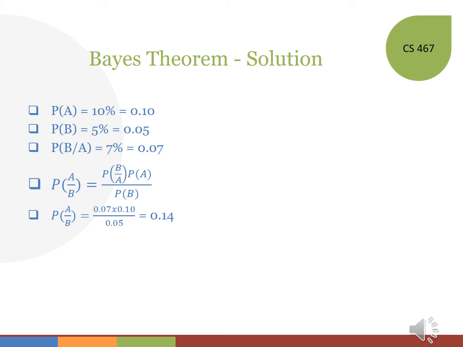Then we can calculate probability of A given B, that is, given that a patient is alcoholic, what is the probability that he will have the liver disease?